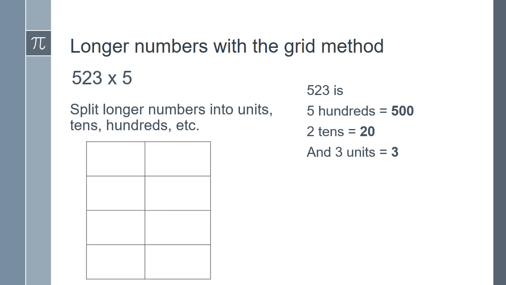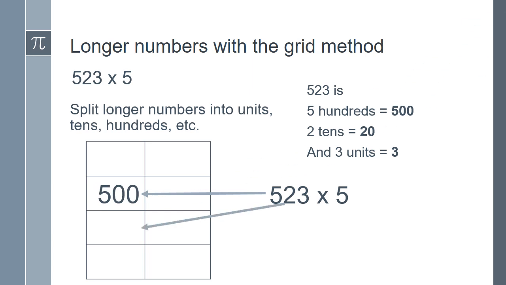So draw your grid. You have to make it a bit bigger than the one on the previous slide because we're working with a bigger number. And you put your numbers in like this. So 500 goes there, 20 goes there, and 3 goes there. And then your 5 goes at the top.